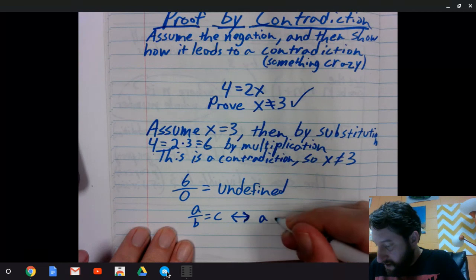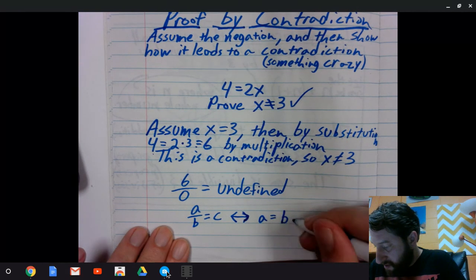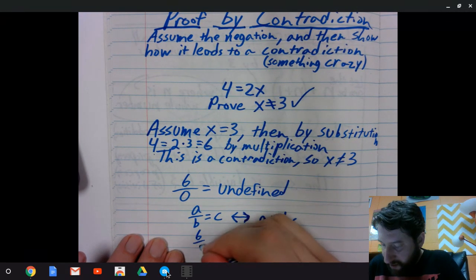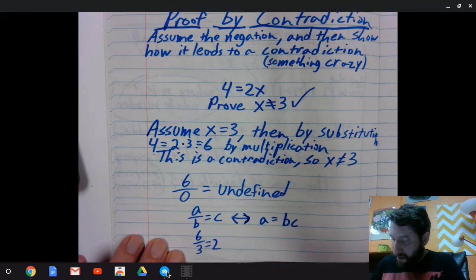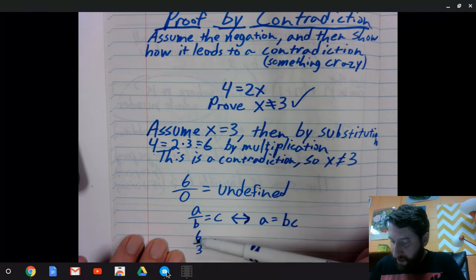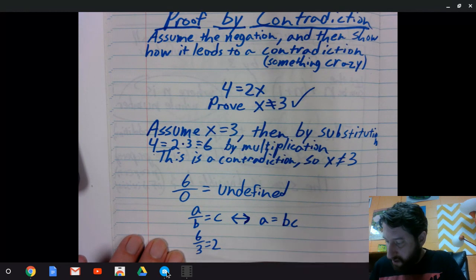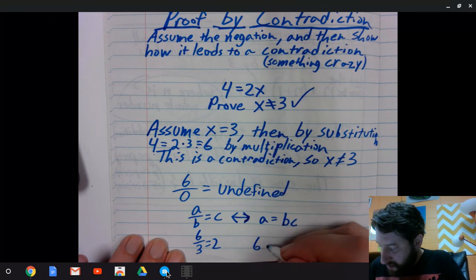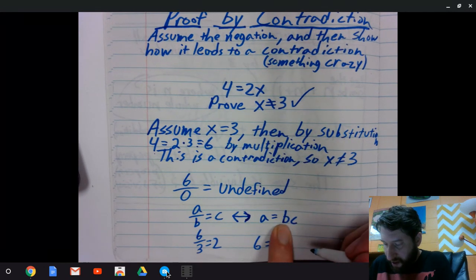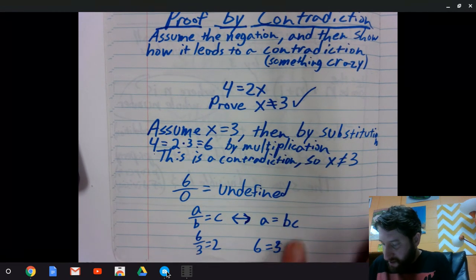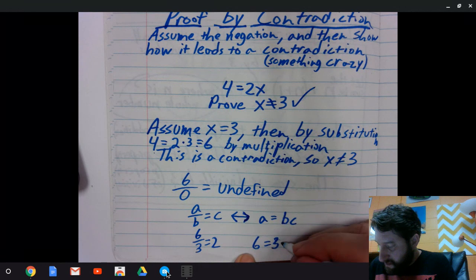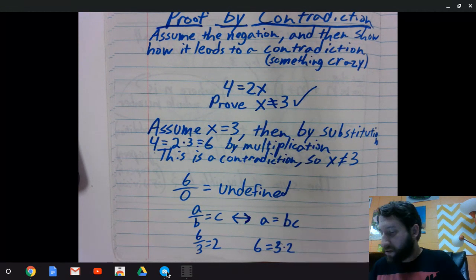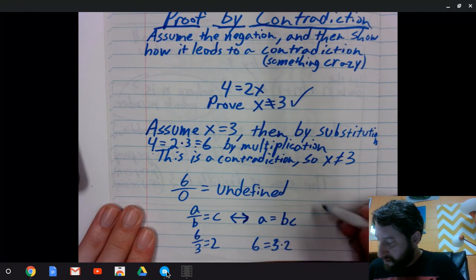So I'd have A equals B times C, which makes sense. Because always test numbers out if you're not sure. Like 6 divided by 3 equals 2. So A is going to be 6, B is going to be 3, C is going to be 2. Does 6 equal 3 times 2? Yeah, that makes sense.